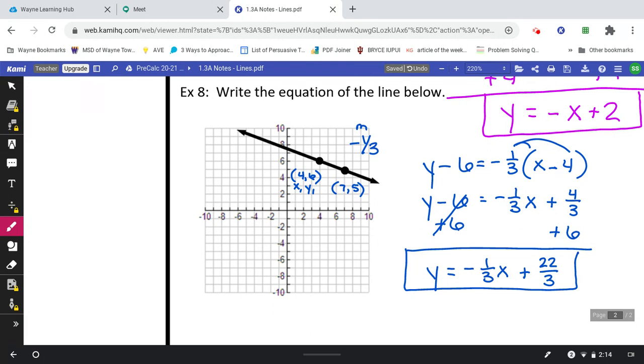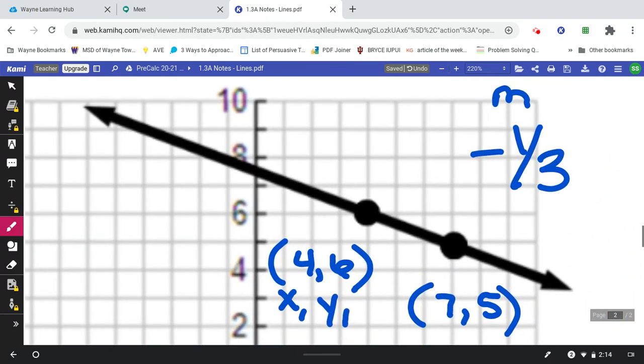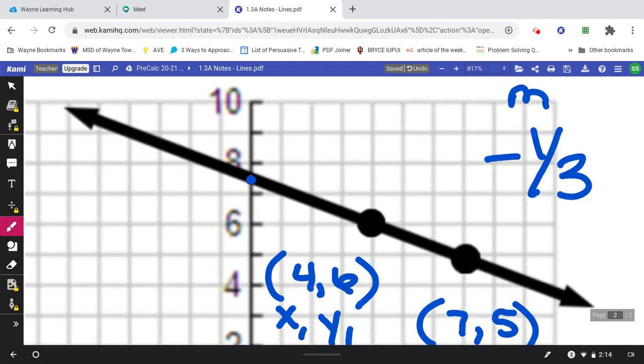So I get 22/3, which if you type it in your calculator and change it back into a decimal is about 7.3. 7.3 repeating.